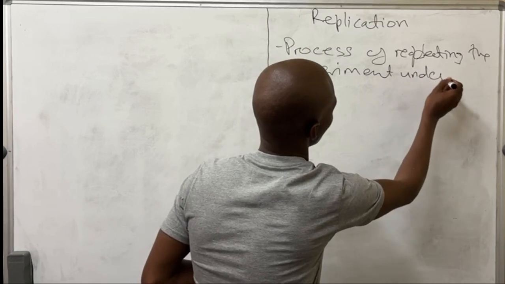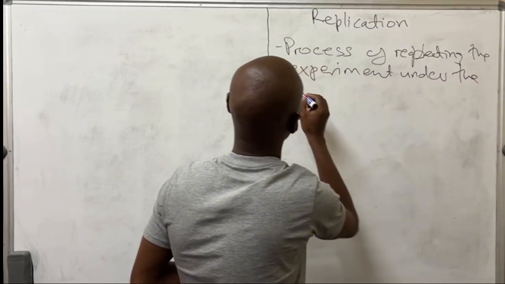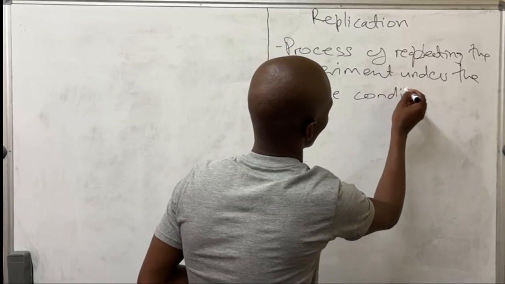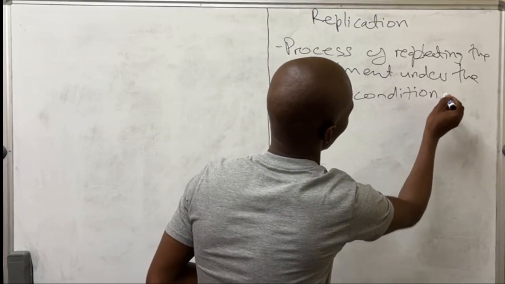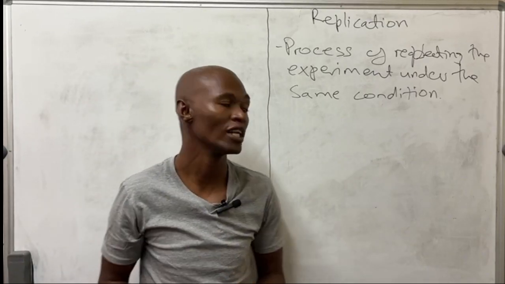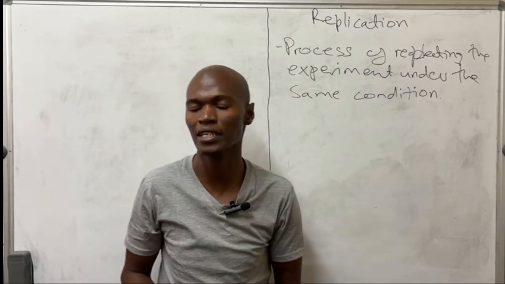Which is very important: under the same condition. You have to make sure that when you repeat your experiment, it's under the same condition. We call that process a replication.